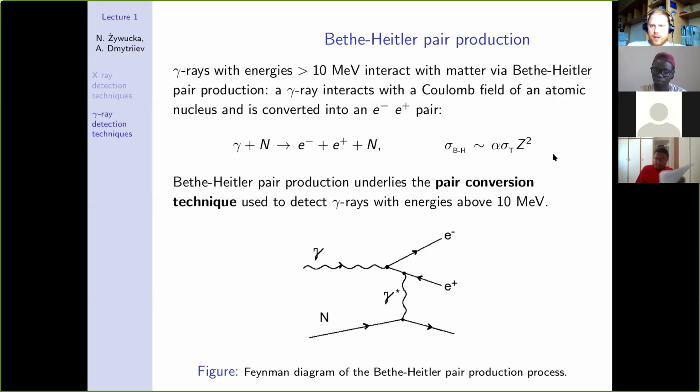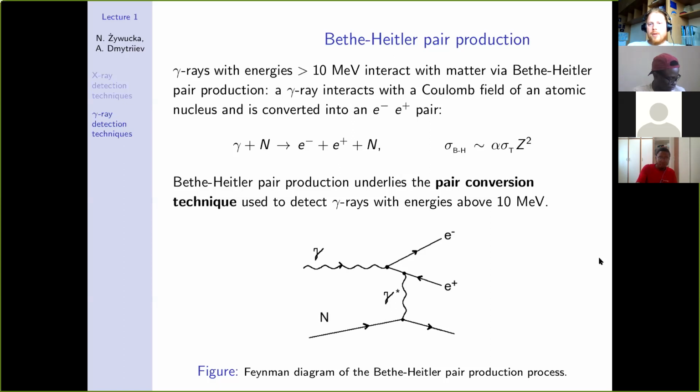So at some point, the Z squared can compensate for the one fine structure constant, and you can have a cross-section of the process which is competing with the Thomson cross-section. So this can be important in matter with high Z.